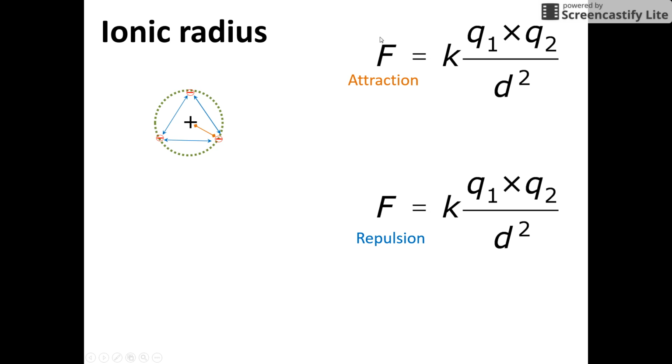Now, in the past we've really always considered the force of attraction, but we also have a force of repulsion. So if we have 2 electrons here, they are both negative, so they will repel. But again, the further apart they are, the less repulsion, and the closer they are, the more repulsion, or the bigger the charge. But electrons don't change in terms of charge.